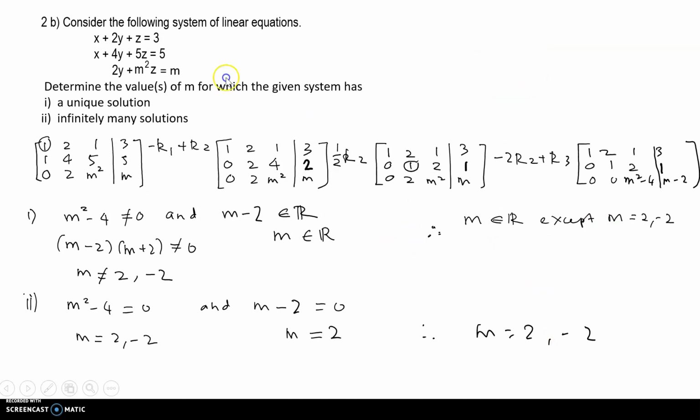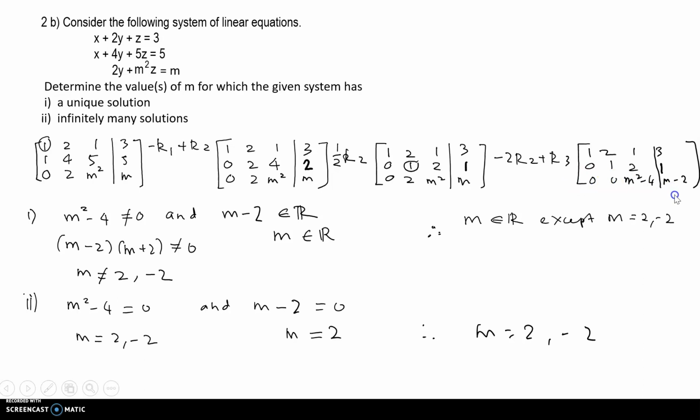Right, next one, question 2b. To find the value of m so that the system has a unique solution and infinitely many solutions. Before you answer these two questions, firstly you have to get the REF. Transform the given system into an augmented matrix and apply elementary row operations until you get this REF.